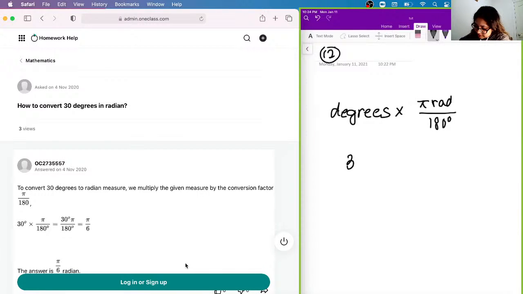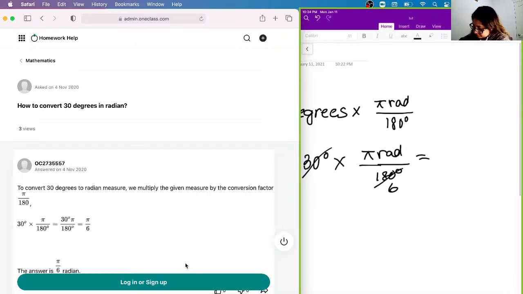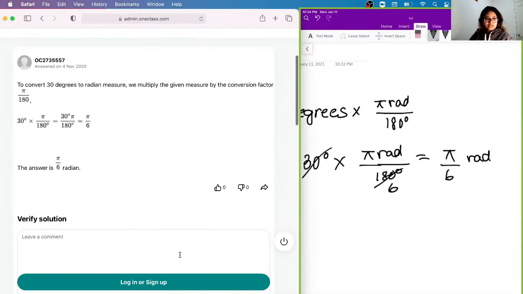So we have 30 degrees times pi over 180. And so you have pi over 6 radians.